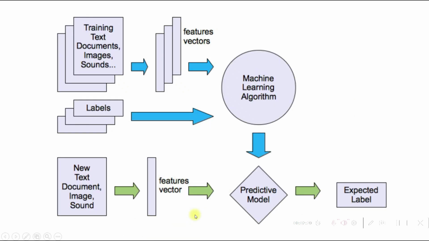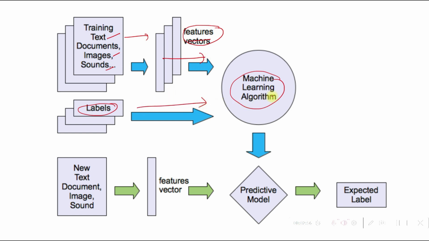So we'll see one example. The data set contains different types of data. It may be in the form of text documents or images or corresponding sounds. Each and every type of data is converted in the form of feature vectors, and each data instance has its own label. Now for the machine learning algorithm, we provide the corresponding features as well as labels.